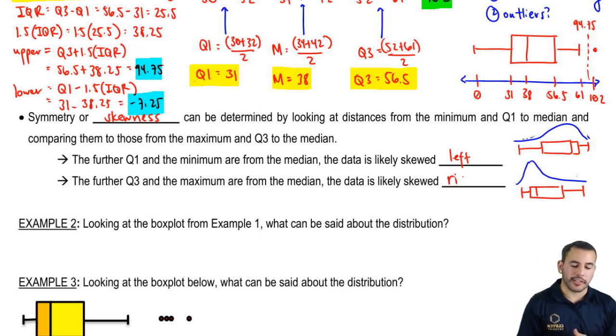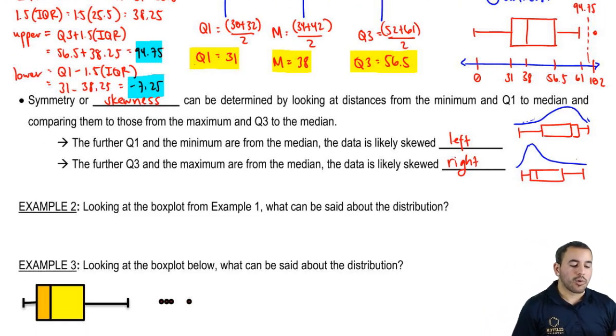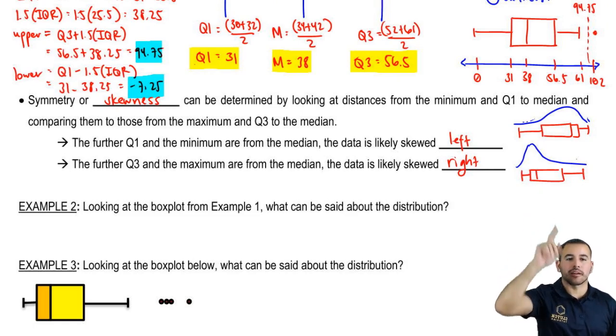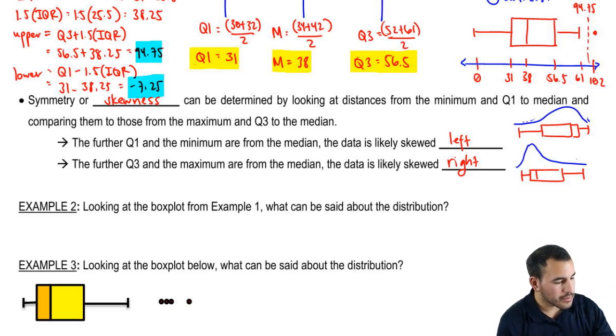Cool, so how do we apply this information? Quick example, looking at the box plot from example 1, what can be said about that distribution? So again, I'm just referring to the box plot right up here. The box plot that we drew earlier in example 1, let me scroll up just a little bit.